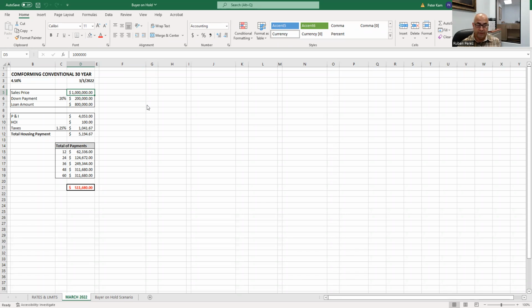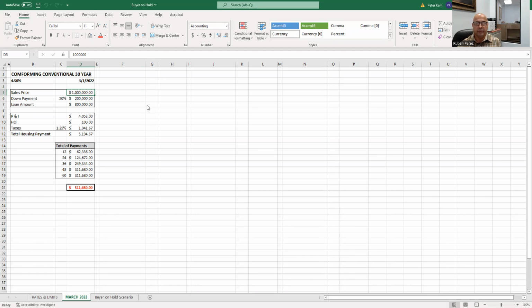So the days of sellers getting over asking and over the appraised value might still exist in some instances, in the more desirable areas, or if the house is really desirable.